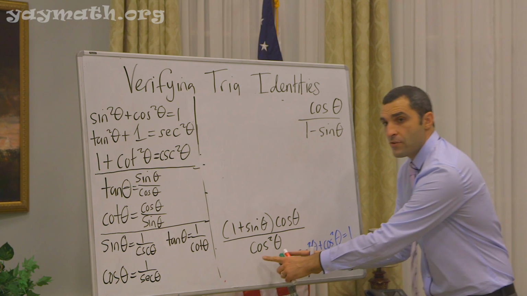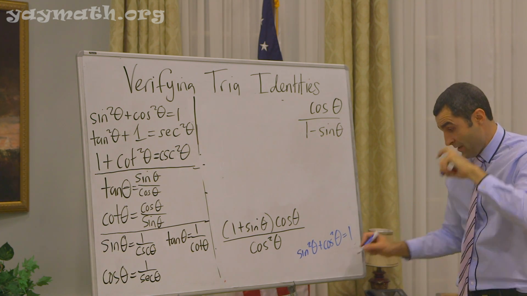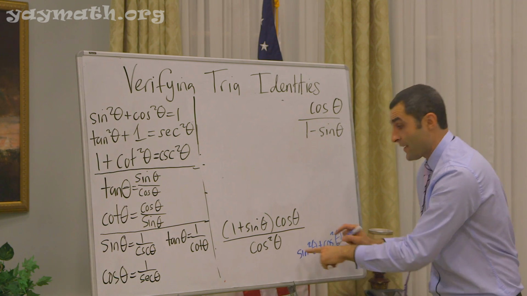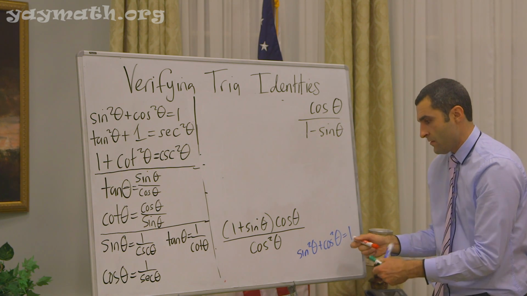I want to get cosine squared by itself, so I subtract sine squared from both sides.